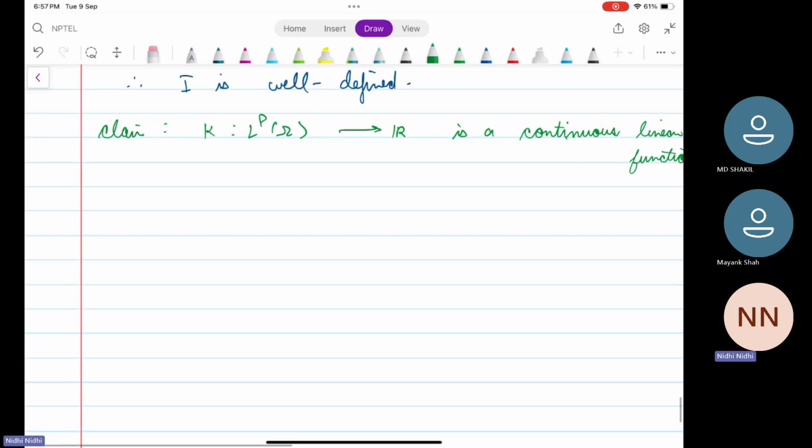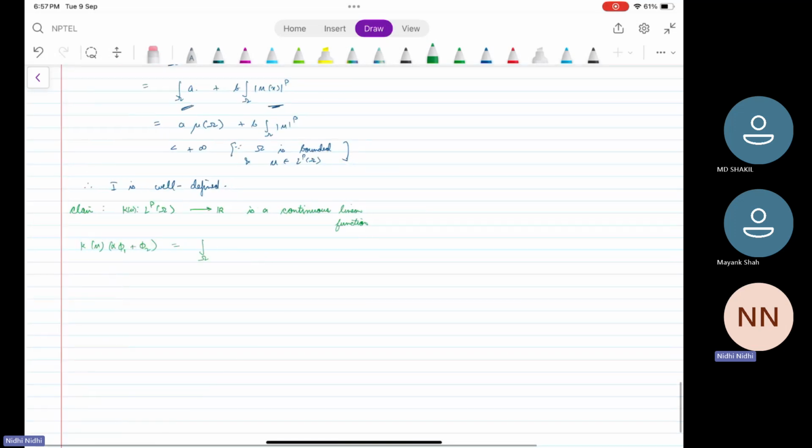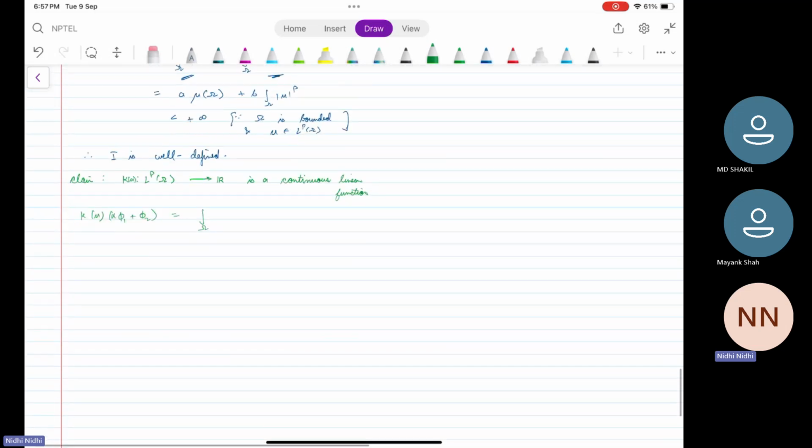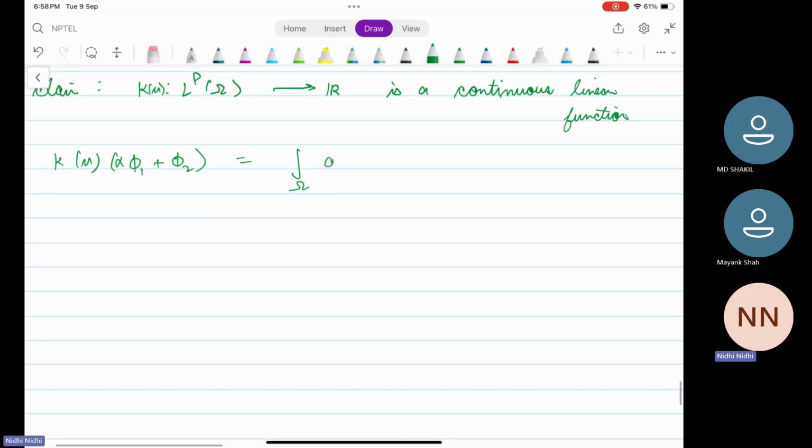Clearly, you can see the linearity because we have K_u. So this was K_u at α φ1 plus φ2. This will be the integral over Ω of g'(u) times (α φ1 plus φ2).